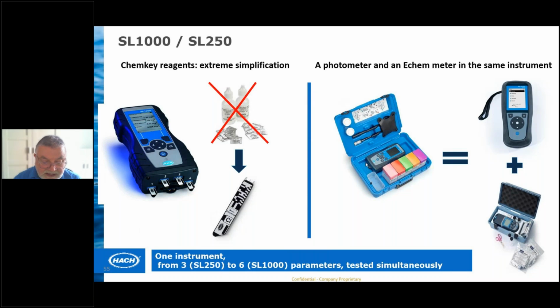The ChemKeys eliminates all the disadvantages of classic chemistry. And the SL series combines 2 instruments in one to measure several parameters at the same time.